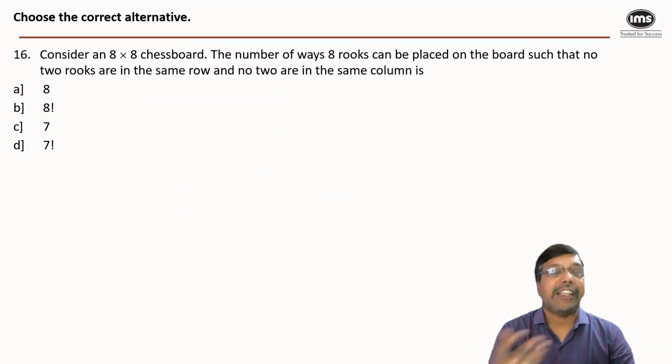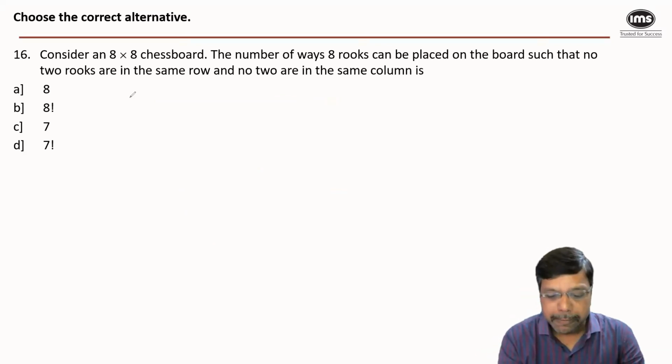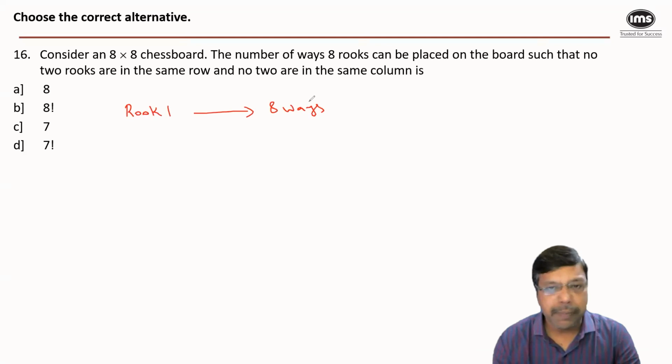Now, how do we arrange these rooks? First thing first, the first rook, rook 1, can be arranged in 8 ways in any of the 8 positions in a particular row or column.